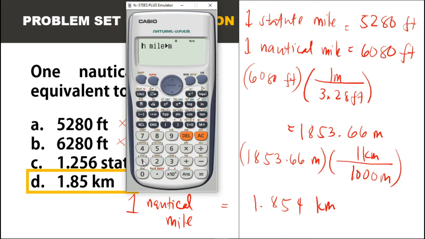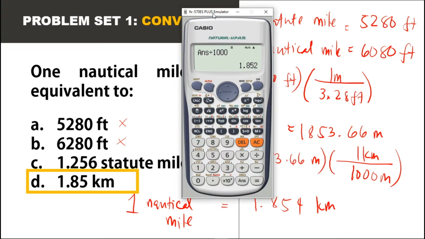So let's try 1 nautical mile, that is 1852 meters. So divide that by 1000. That gives us 1.85 kilometers. So you can use shift convert function.